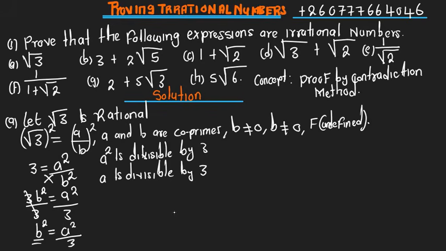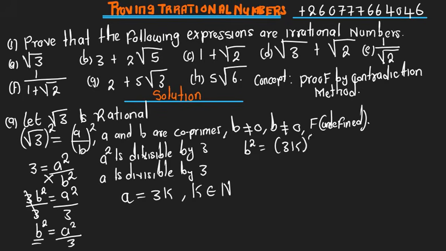Now, if this is true, then it implies that a can be equal to some integer 3k, where k is a member of the integers. If that is true, then we can say b to the power 2 is equal to, where there is a, I'm going to replace with 3k.